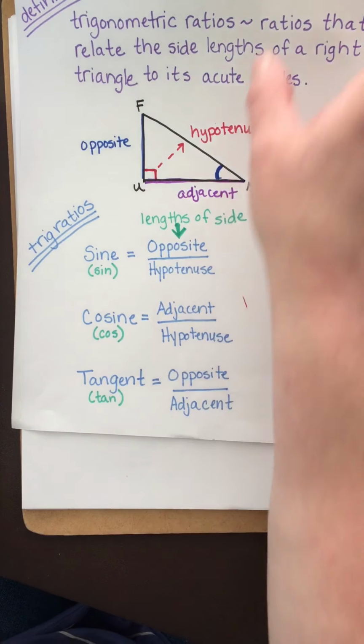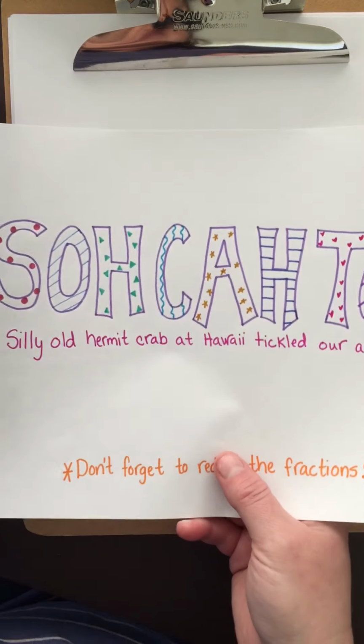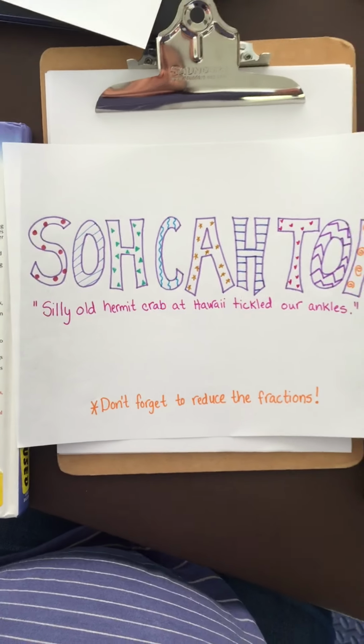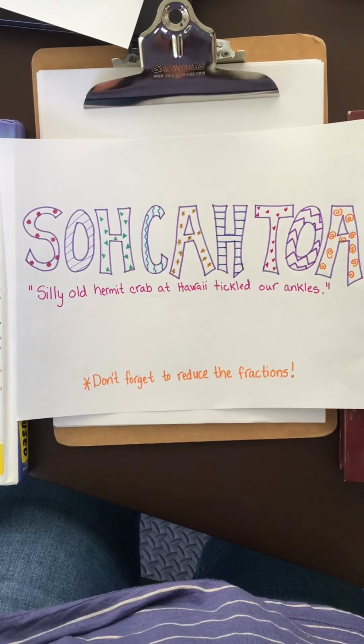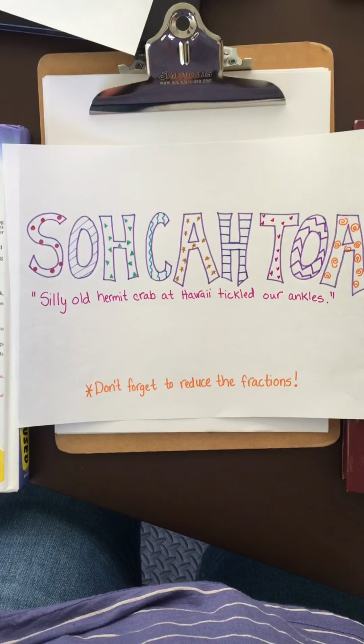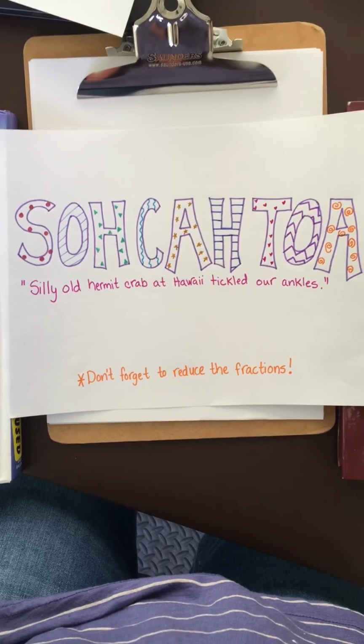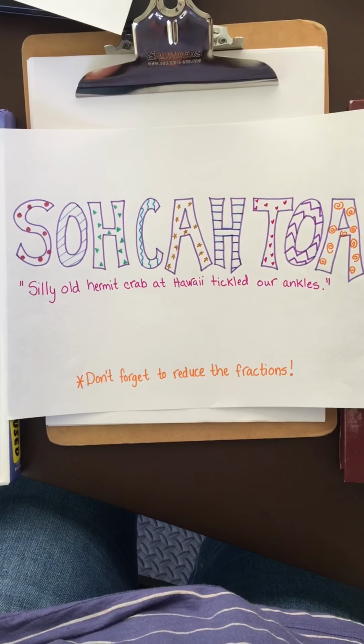This is real easy, but first I've got to tell you the magical word that we use to memorize those formulas. And that is Sohcahtoa, okay? Sohcahtoa: sine, opposite hypotenuse; cosine, adjacent hypotenuse; tangent, opposite adjacent.